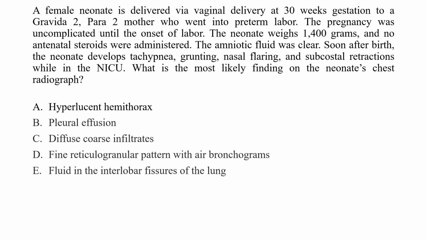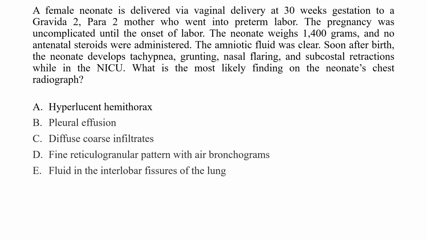When evaluating respiratory distress in newborns, you should focus on the gestational age, the clinical symptoms, and the birth history, whether the baby was delivered via C-section or a normal vaginal delivery, whether there were antenatal steroids given, and if there was any meconium aspiration. By focusing on these points, we can narrow down our differential diagnosis and reach the correct option.